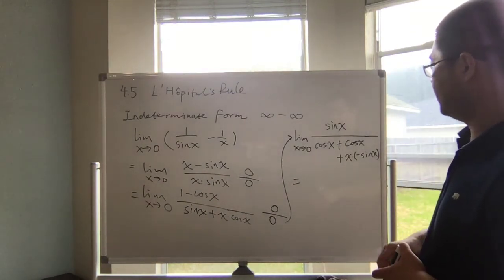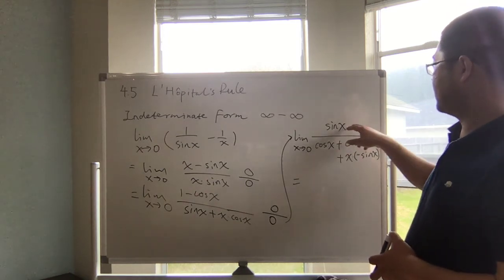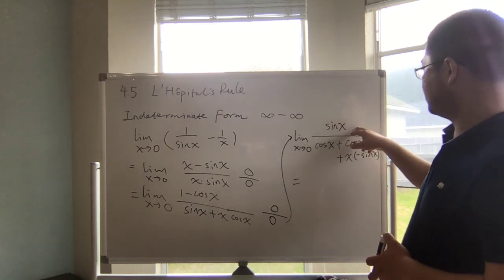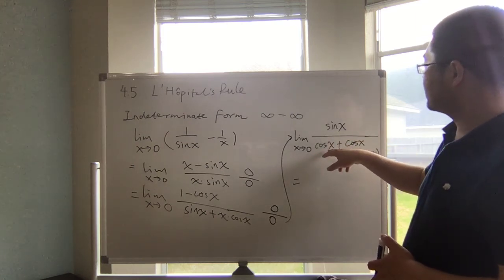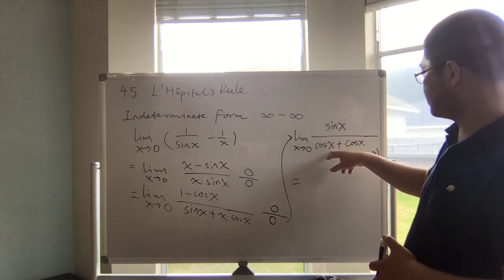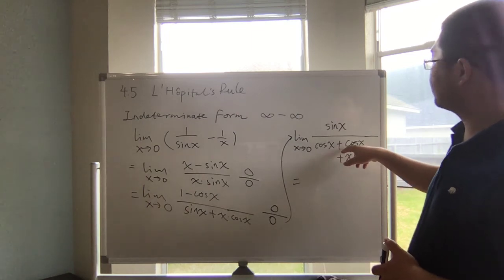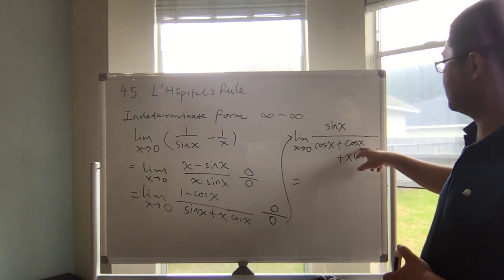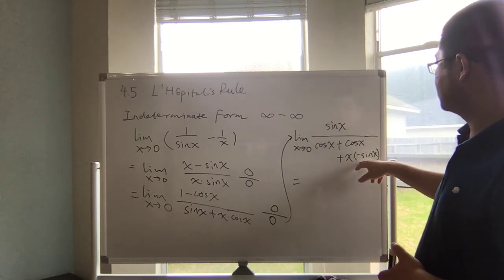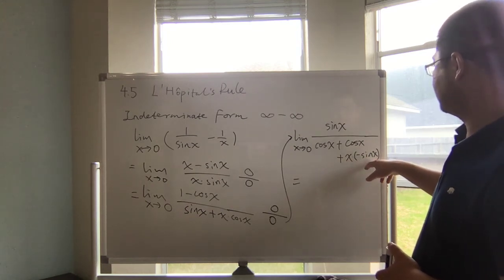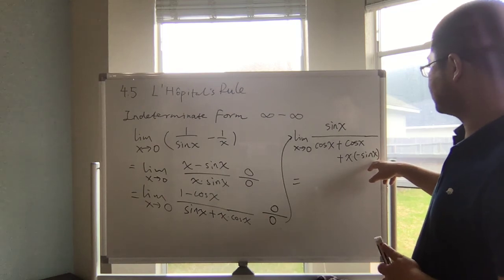Now let's try to evaluate this limit to see what happens. So if we plug 0 in, you're going to have sine of 0, which is 0, over cosine of 0, which is 1, and then plus cosine of 0, which is 1, plus 0 times negative sine of 0, which is also 0.